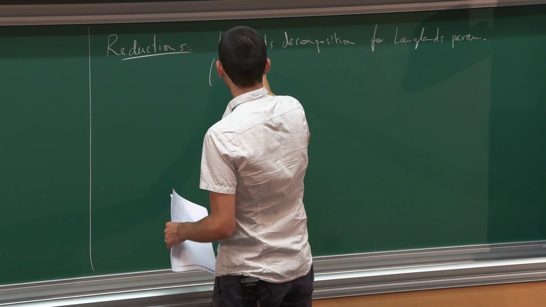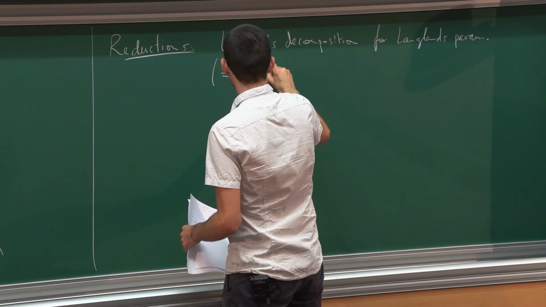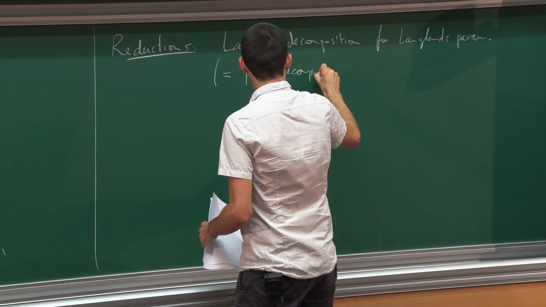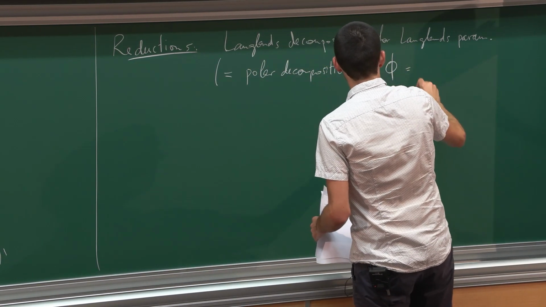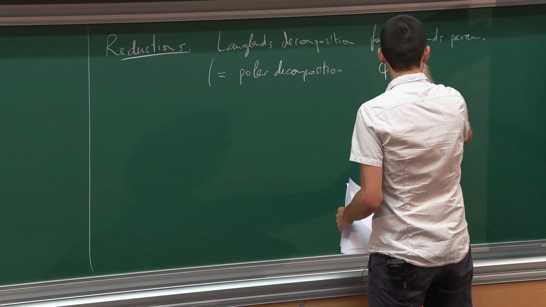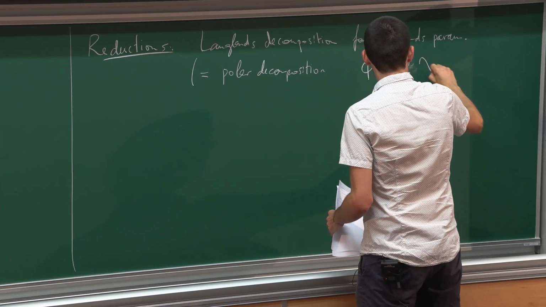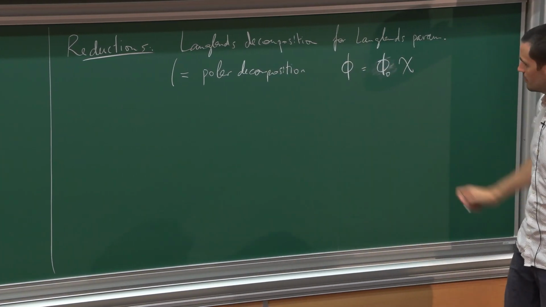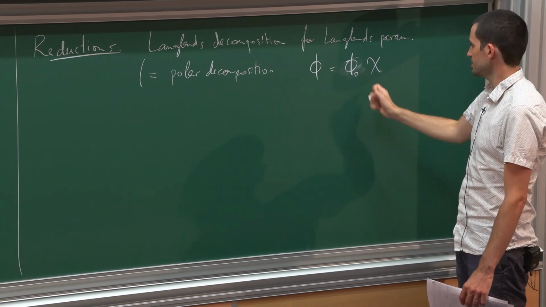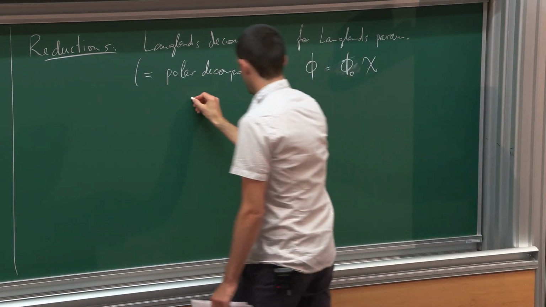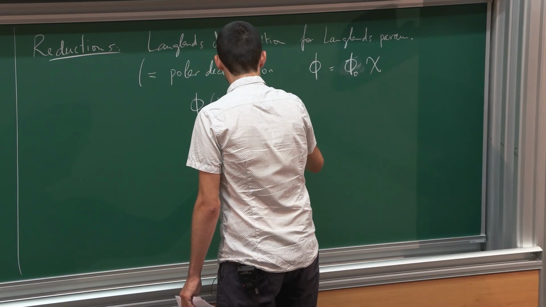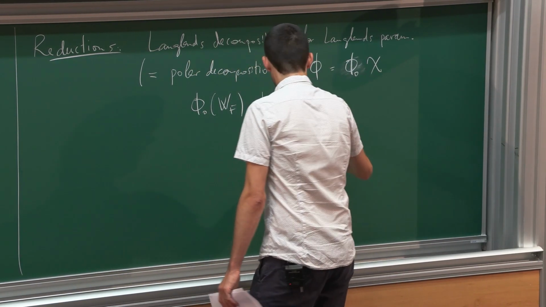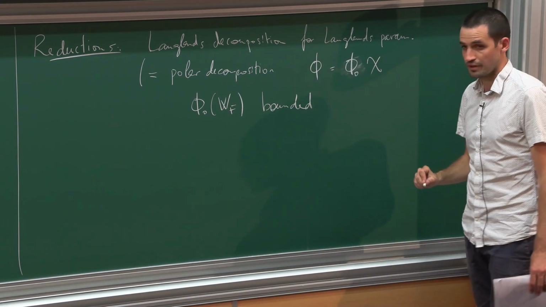And that's really something like just a polar decomposition. So you can write any parameter canonically like this, where phi 0 is bounded on the Weil group.